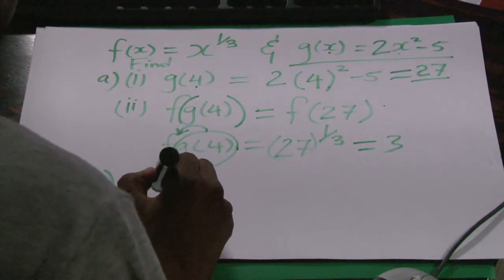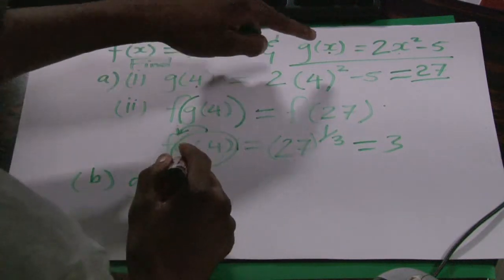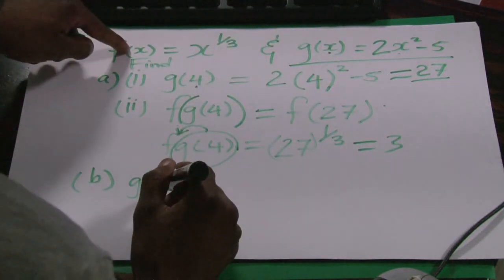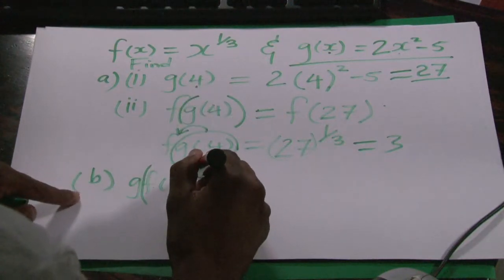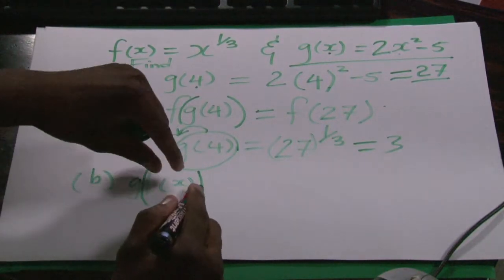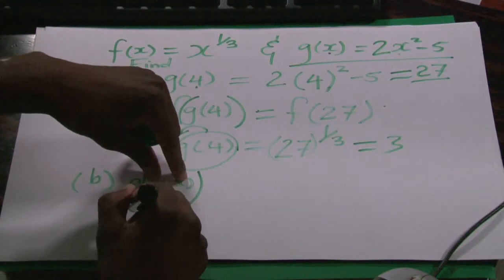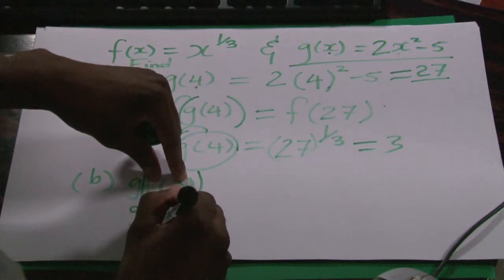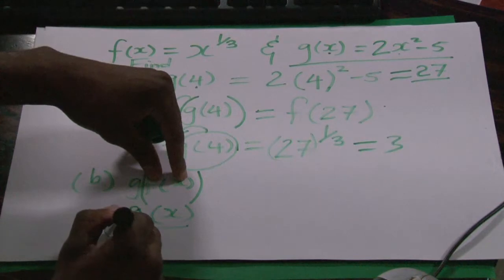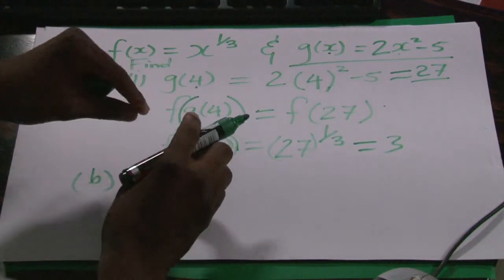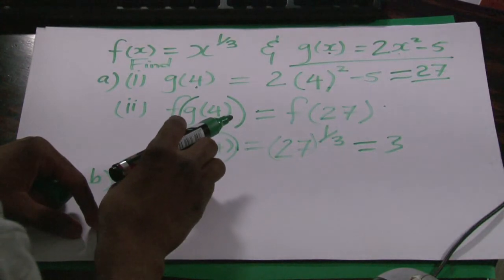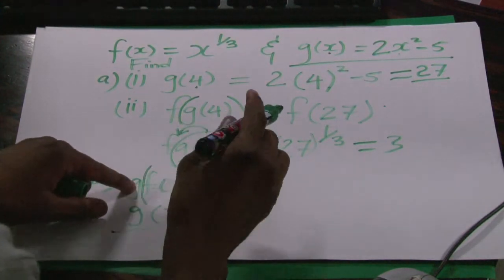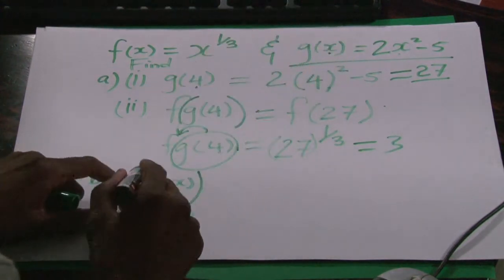If you check very well, we have g of x and f of x. Now, this f of x is at the place of x for g of x. So this means that we are going to take the whole function of f of x and put it wherever we see an x in g.